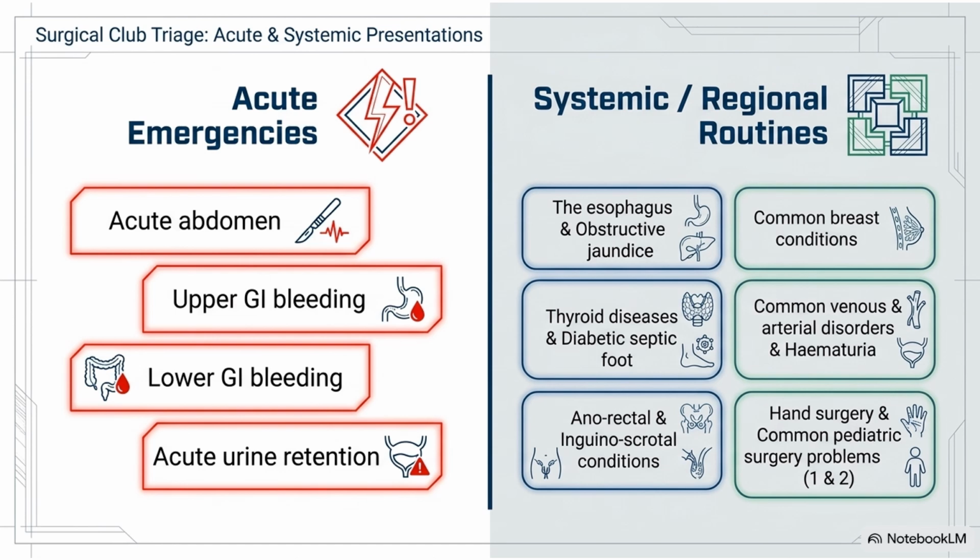In acute emergencies, we'll see all aspects: acute abdomen, bleeding, upper and lower GI bleeding, and acute urinary retention. So you see it is mixed, including other specialties.